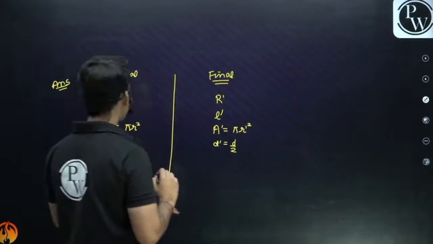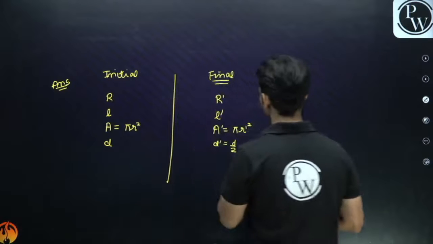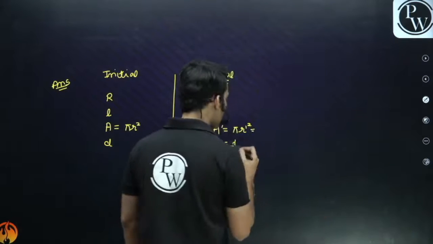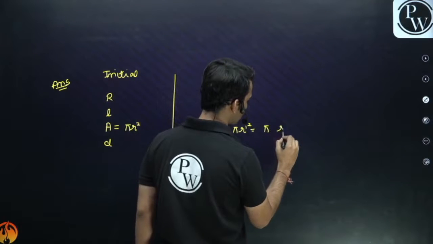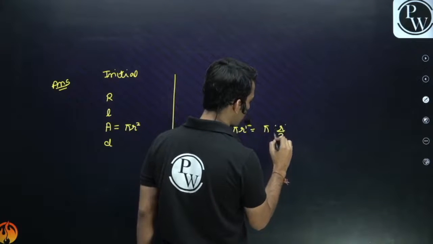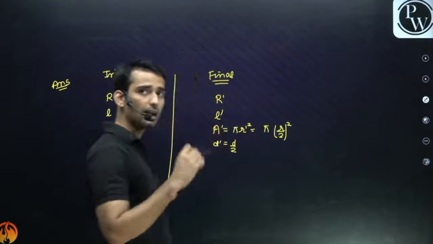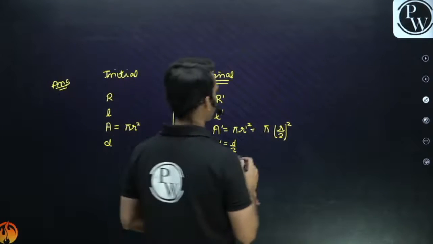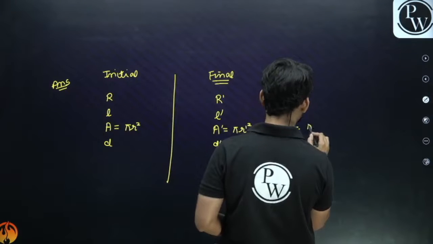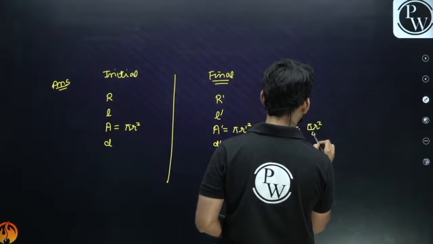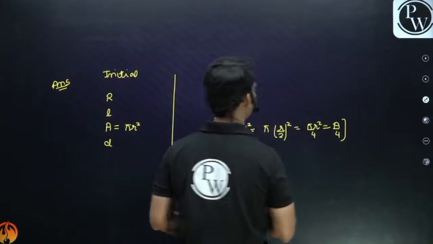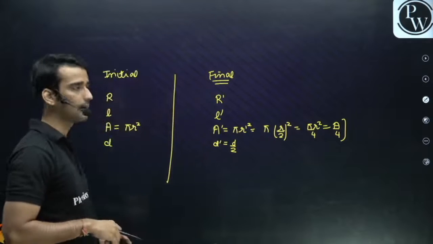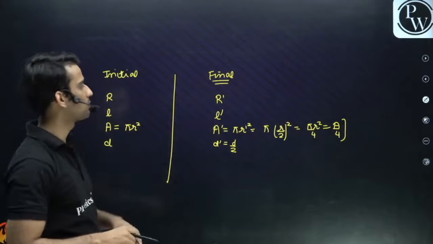If the radius is halved, the area is reduced to 1/4, so it will be pi r square upon 4.